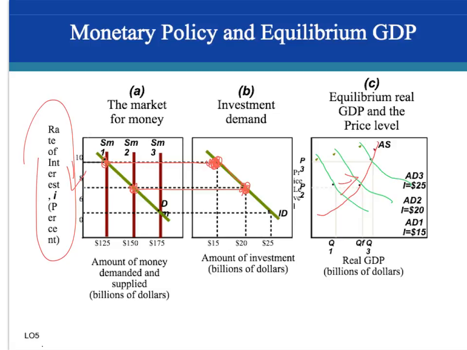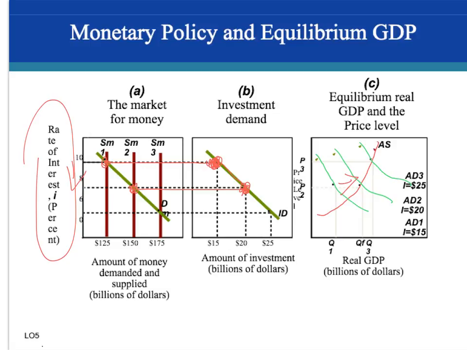Okay, let's model a case where restrictive monetary policy is needed. So let's say the economy is at SM3. Let's say it's in an inflationary period. GDP is above full employment output, and the Fed is concerned about inflation.